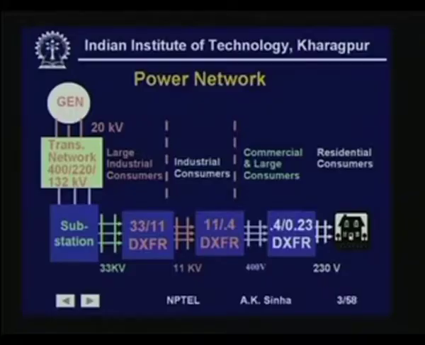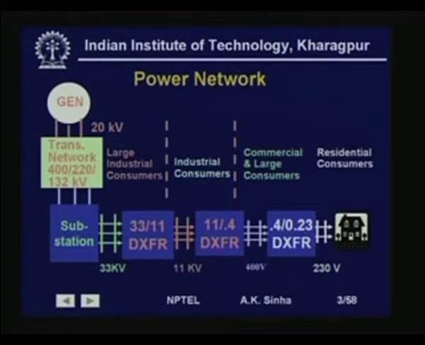After transmission, when we have brought the power to the load centers, there we have to distribute it to various loads, and that is done at lower voltage levels, which we call the sub-transmission voltage level. These voltage levels can be 66 kV, 33 kV and so on.